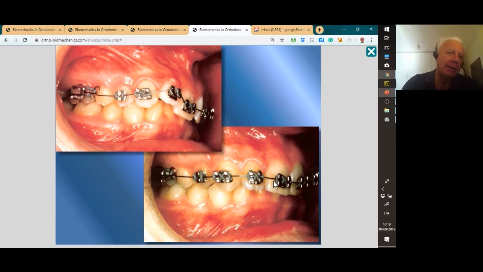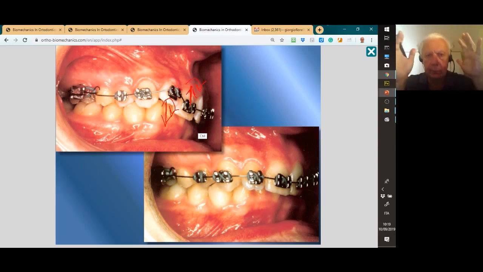So what happened here is that if you look at these geometries, I can imagine that this lateral has to be extruded and requires a moment like this, while this central has to be intruded and has the same moment.